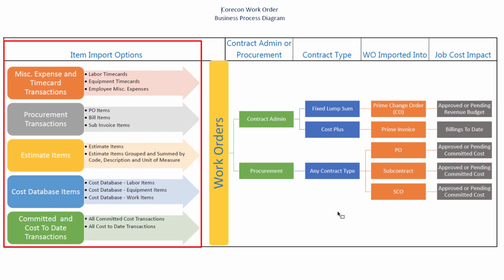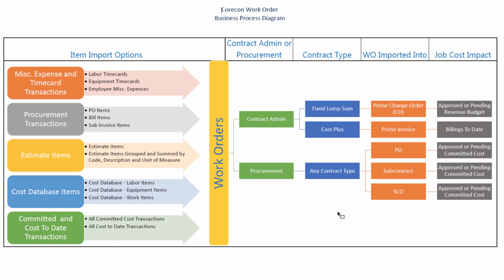Estimate items can also be added as line items to a work order. Cost database items, more specifically the labor items, the equipment items, and work items, can also be used on a work order. And finally, committed and cost to date transactions are all sources of information for work order line items.